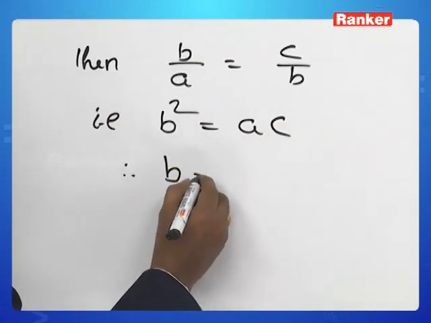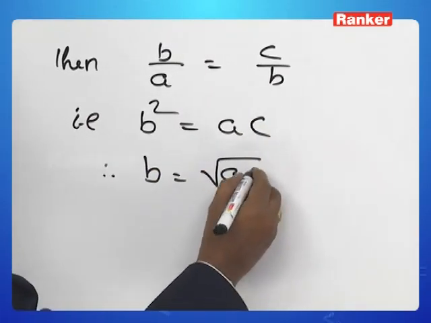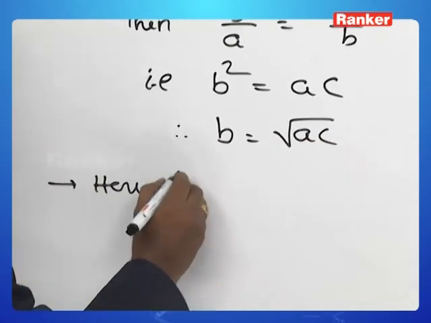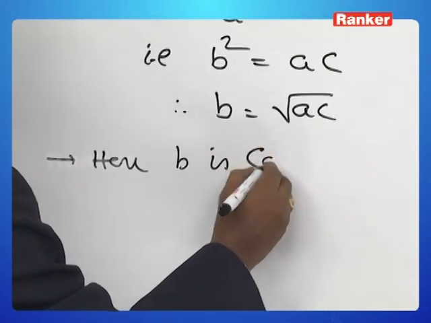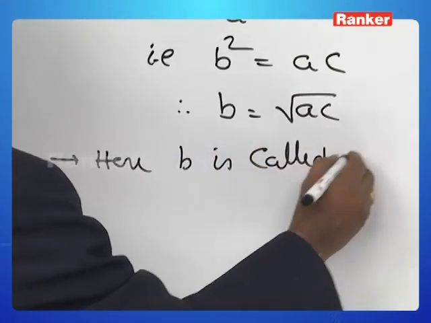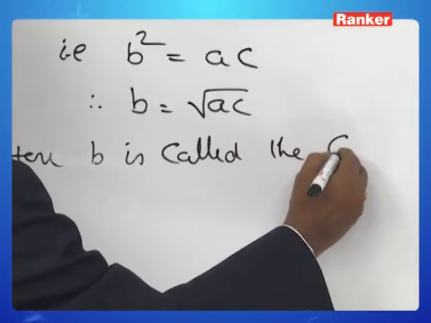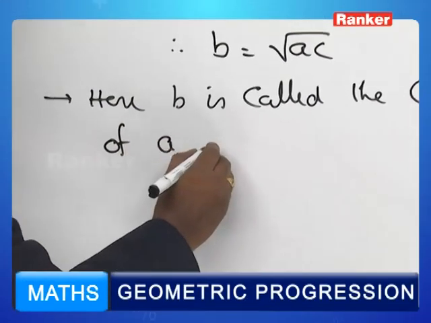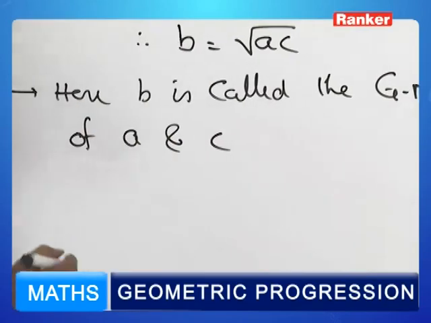Therefore, the value of B is equal to root of AC. Here B is called the geometric mean of A and C.